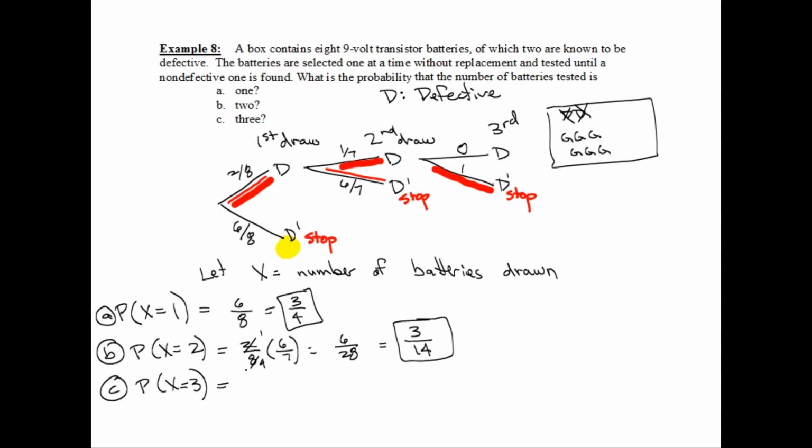So we multiply along that branch of the tree, so we get 2/8 times 1/7 times 1 is what we want.